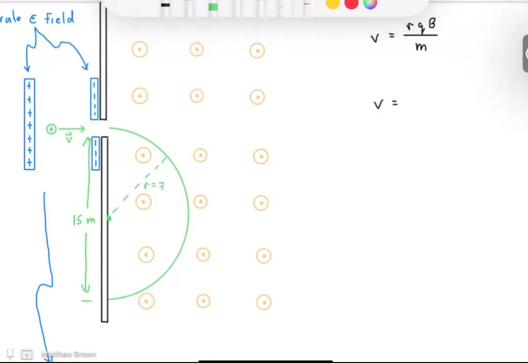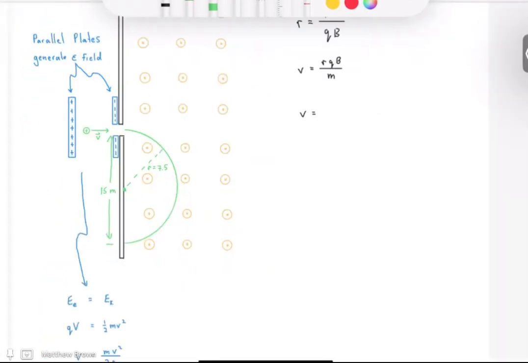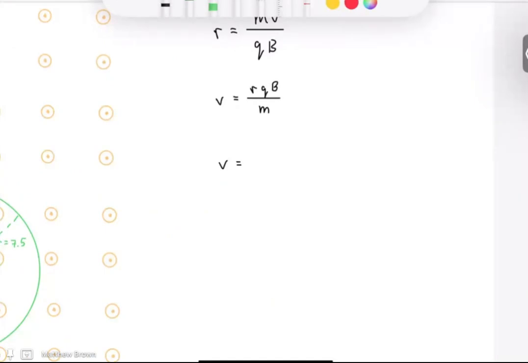The radius of this circle, R equals 7.5. And that's really key, right? If it hits 15 meters, that means the diameter of my circle is 15 meters. The radius is half that. So that's where I've got to be a little bit careful. And so that means I've got 7.5 times the charge. Let me put the charge of a proton, same as an electron, just positive, 1.602 times 10 to the negative 19, times the magnetic field, which I'm told is 4, divided by the mass of a proton, 1.67.